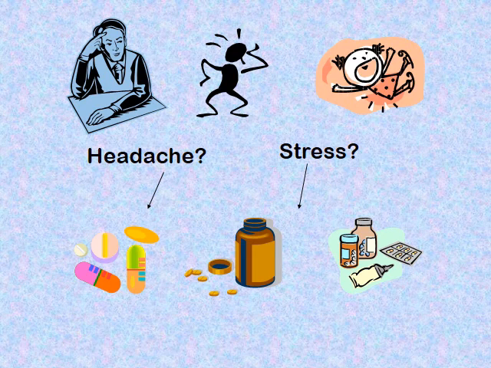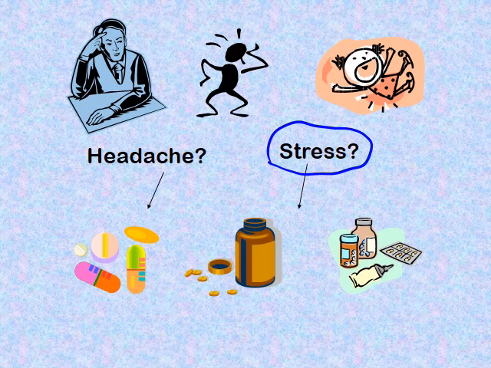Similarly, if you have stress, you try to get relief from that stress. Same is the case with a chemical equilibrium. The reaction tries to maintain its equilibrium. So whenever there is any kind of change, that change is considered to be a stress, and it would try to adjust itself so that the change is minimized.